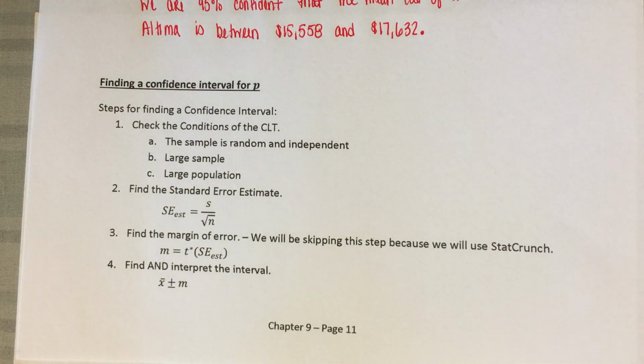We're going to use StatCrunch to find our margin of error and our interval. Our confidence intervals, instead of being p-hat plus or minus m, since we're estimating things about our mean, will be x bar plus or minus m.